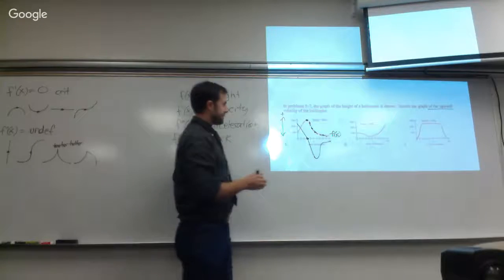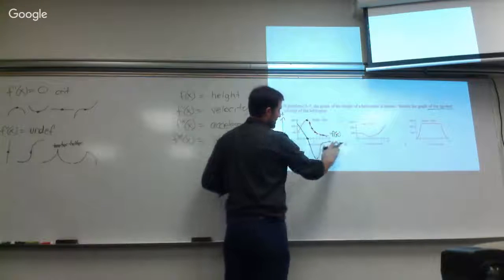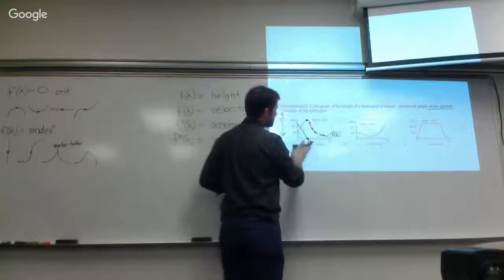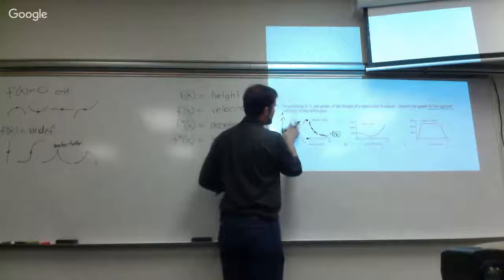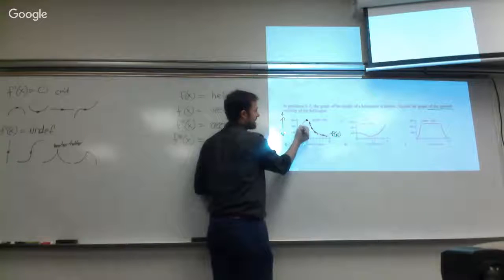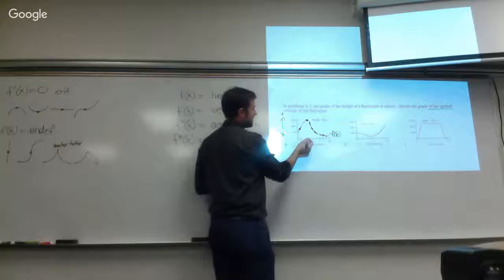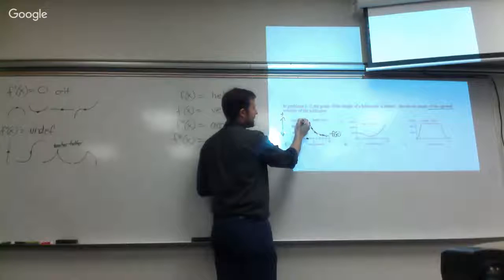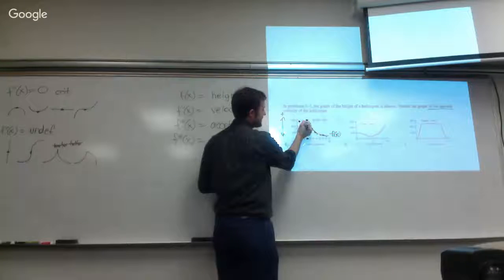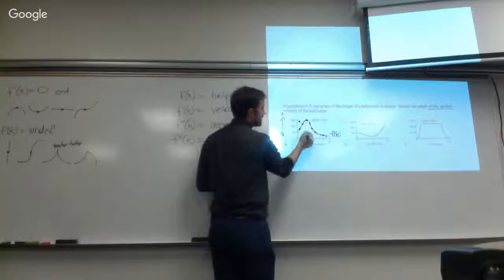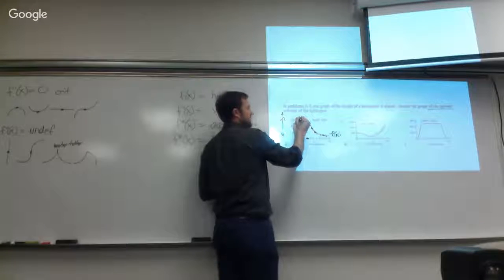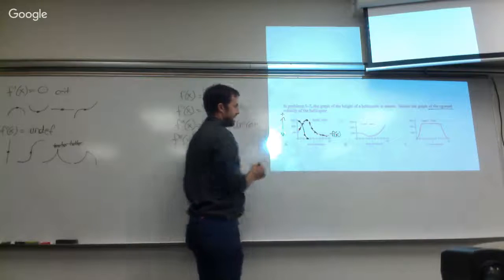Now, honestly, just sketching it like that, maybe that's not even the best choice. Maybe the best choice is to talk about steepness. Like right here, that's quite steep, so I would give a velocity value quite high. And here it's still quite steep, so I'd give a high velocity value. But here it's leveling off, and so I'd give a lower velocity value. By plotting those points and then connecting them.